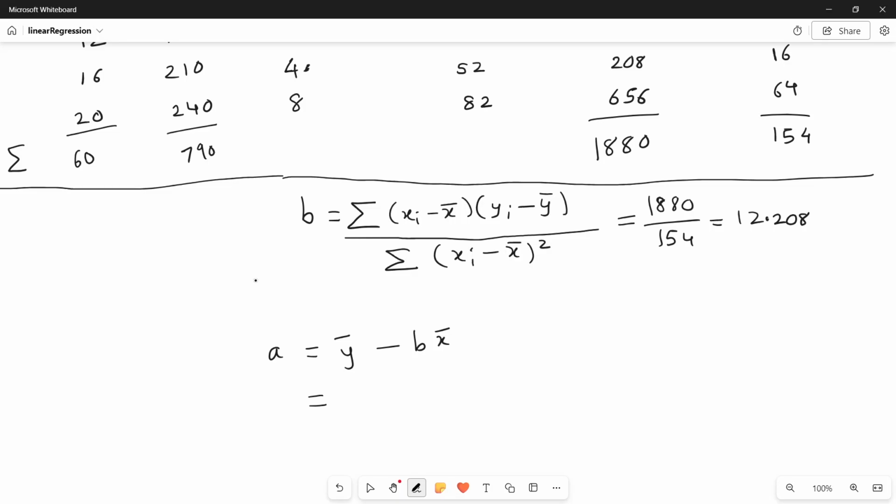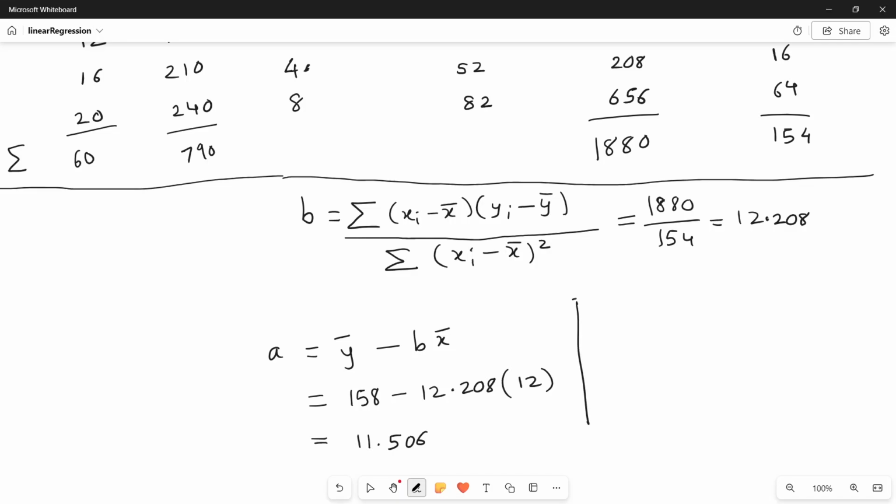So this is equal to 158 minus 12.208 multiplied by the average of x values, that is 12. This comes out to be 11.506 up to 3 decimal places.